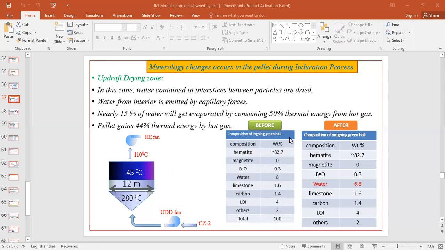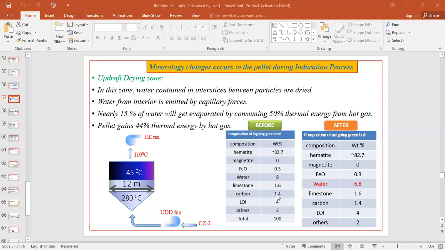In this zone, the water, the moisture content present in the pellets, usually gets removed. Nearly 15% of the water will get evaporated by consuming the thermal energy from the hot gases.